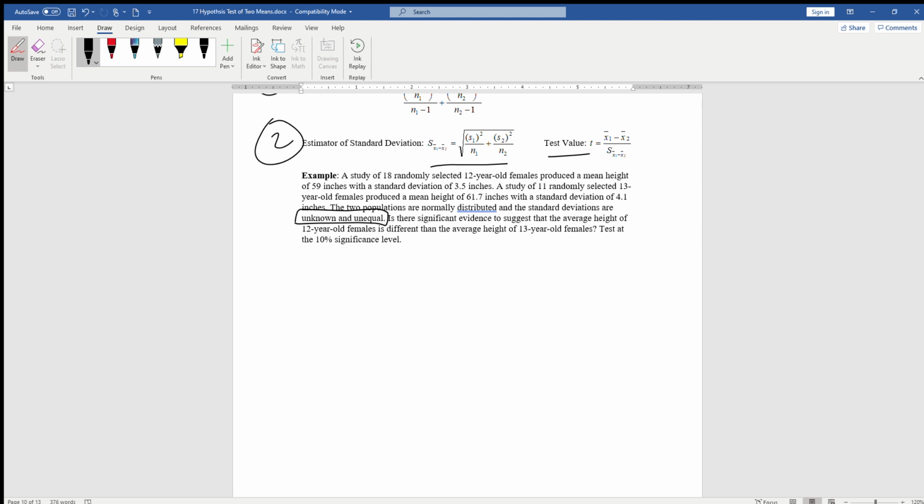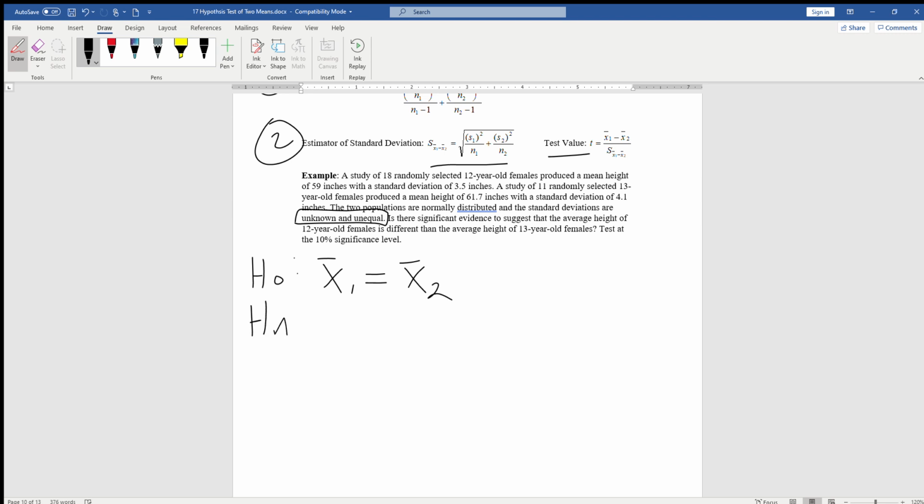Is there significant evidence to suggest that the average height of all 12-year-old females is different than the average height of 13-year-old females? Test this at the 10% significance level. As we did before, for the null hypothesis we assume that if nothing goes on between the ages of 12 and 13 in females, the average heights would be approximately the same, no significant difference.